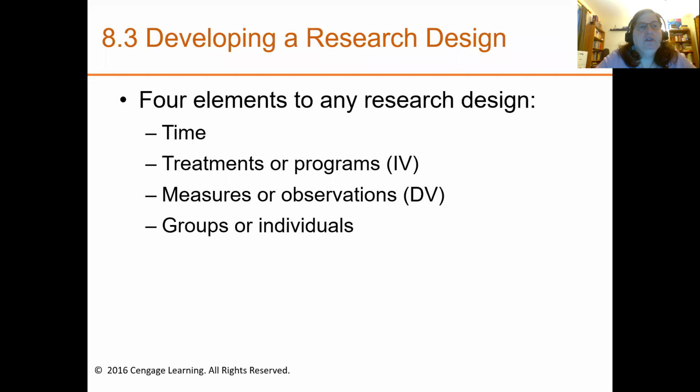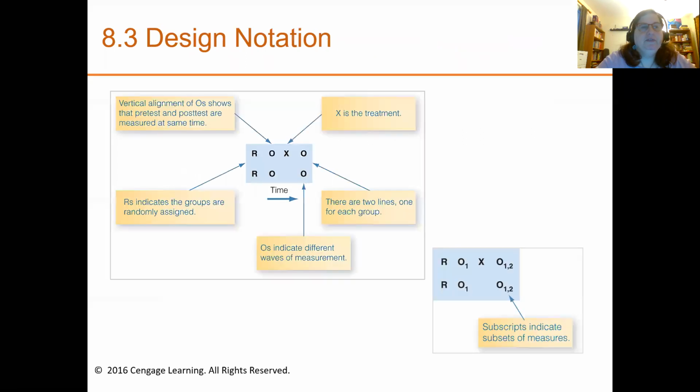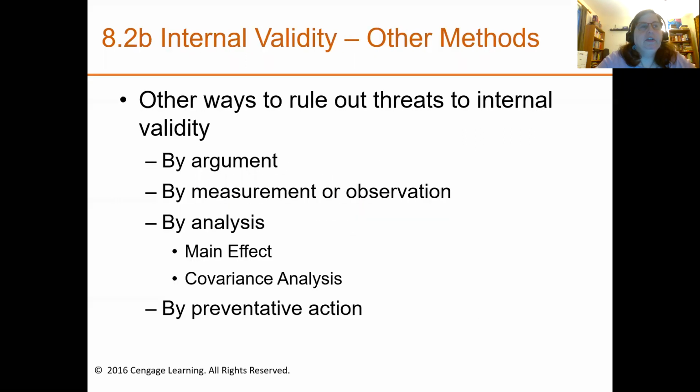So we'll talk about each of those in turn. There are 4 elements to any research design: time, treatments or programs, measurements or observations, and groups or individuals. Actually, let's go back for a moment.